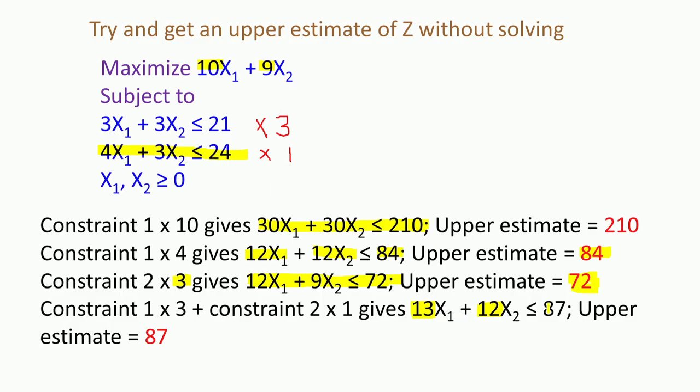Therefore the value 87, which was got by multiplying the first constraint by 3, 21 into 3 63 plus 24 into 1 gives us 87. Now 87 is an upper estimate of the objective function value.